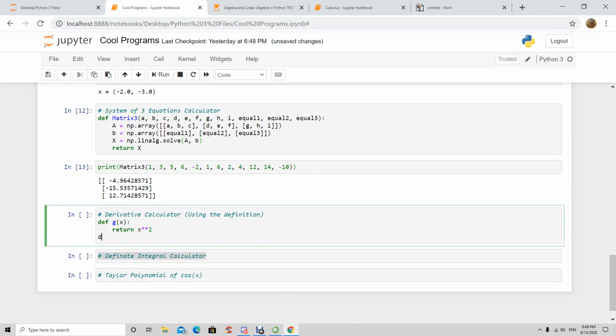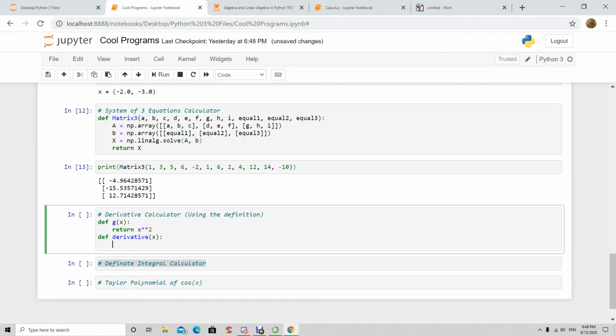And then we'll define another function, which is the derivative, and it's in terms of x. Okay, and so basically, this might be a bit confusing if you don't know the definition, but we'll just work through this, okay? So we know that slope is rise over run, or just the difference in y value over the difference in x value. Okay, so first let's set some variables.